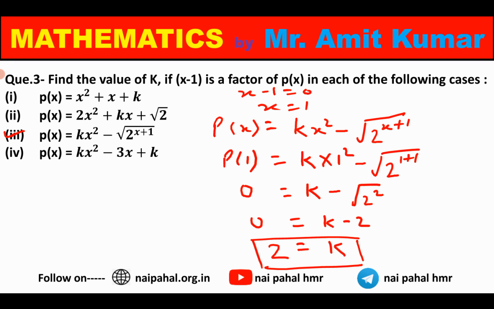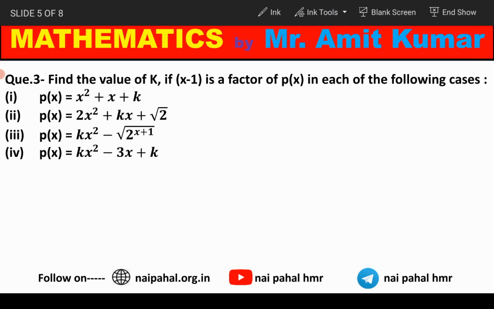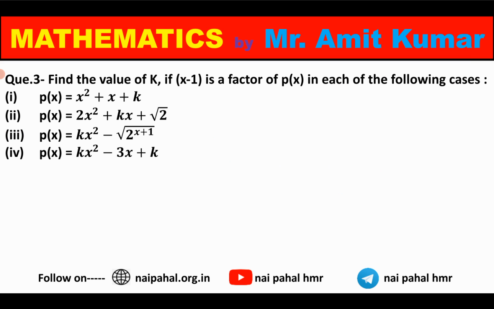P(1) equals 2 multiplied by 1 square plus k multiplied by 1 plus root 2. In the next step, P(1) becomes 0, square of 1 will be 1, multiplied by 2 will be 2, plus k and plus root 2.